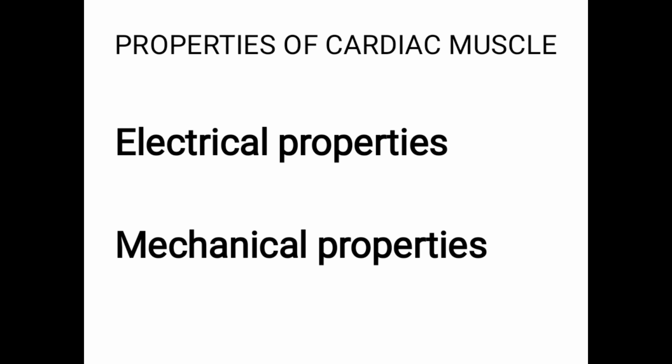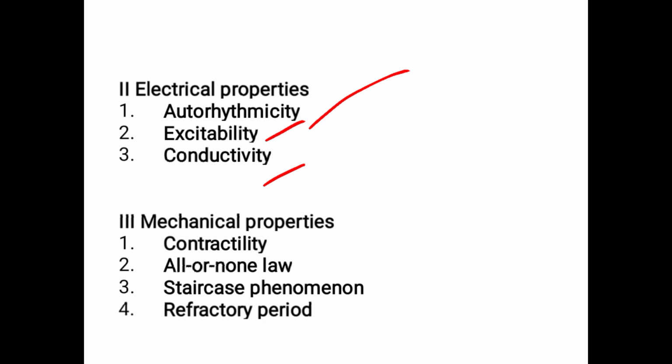Next, the properties are classified into electrical and mechanical properties. Electrical properties are autorhythmicity, excitability and conductivity. Mechanical properties are contractility, all or none law, staircase phenomenon and refractory period.